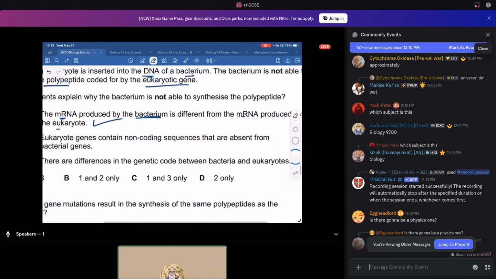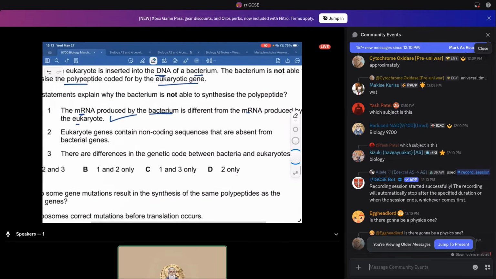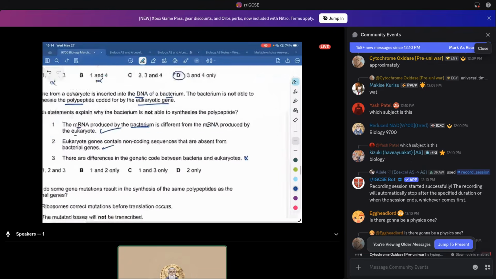So therefore, 1 is correct. Eukaryotic genes contain non-coding sequences, the introns, that are absent from bacterial genes. This is true. Splicing is when you remove the non-coding sequences from a gene and rejoin the coding sequences. We call the non-coding sequences introns and the coding sequences exons.